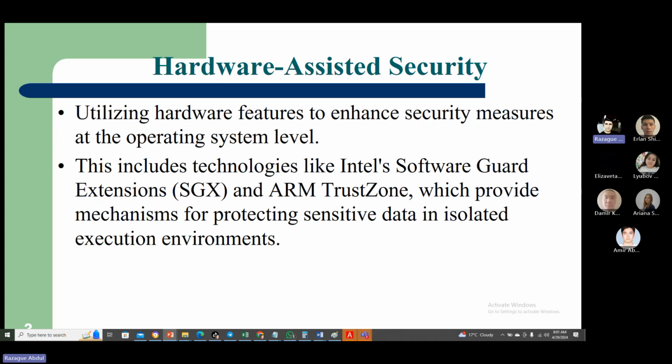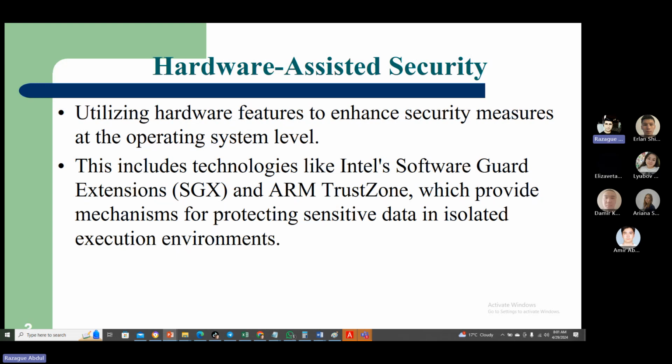Moreover, the use of hardware assisted security in consumer electronics such as smartphones and tablets has become increasingly important. ARM TrustZone, for instance, is integral in securing mobile device payments and enforcing various digital rights management policies, ensuring that both financial transactions and digital content are handled securely.